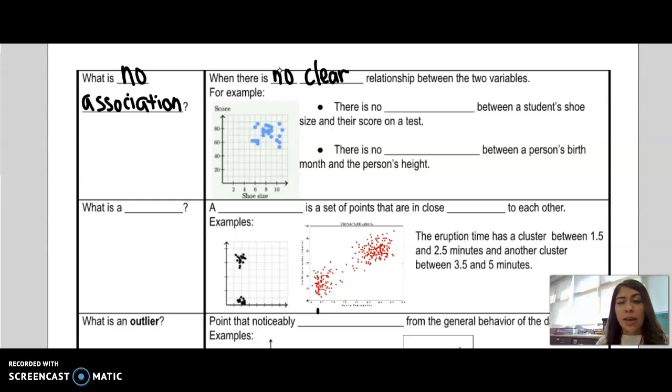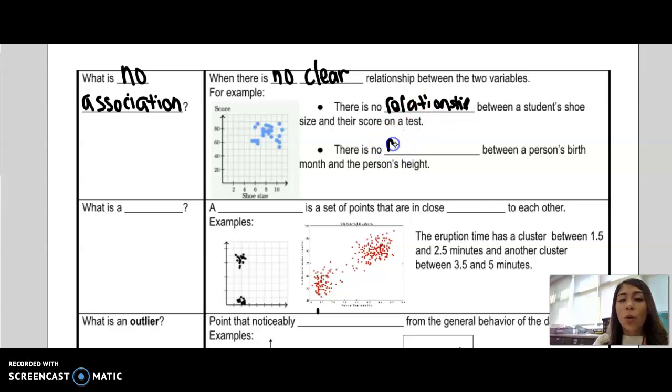So the next part is an example. There is no relationship between a student's shoe size and their score on a test, and that is what the plot is showing. Another example would be a person's birth month and their height.